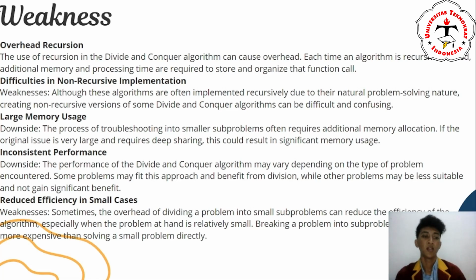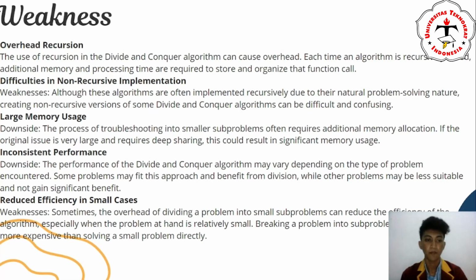3. Large memory usage. The process of breaking down into smaller subproblems often requires additional memory allocation. If the original issue is very large and requires deep division, this could result in significant memory usage. 4. Inconsistent performance.